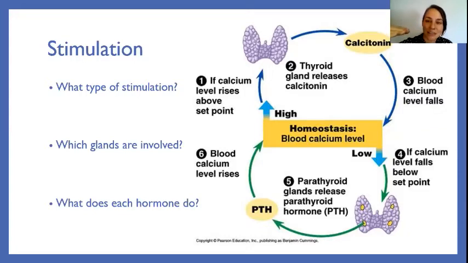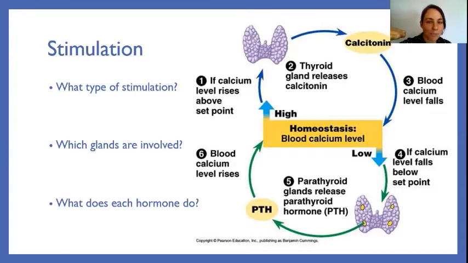And if that level were to rise, which is number 1 on our chart, your thyroid gland is going to release a hormone called calcitonin. Now, calcitonin has the effect of causing your bones to have an uptick in the amount of calcium they're taking in, and it lowers the blood calcium as we begin to store a lot of this. We excrete it from our kidneys.